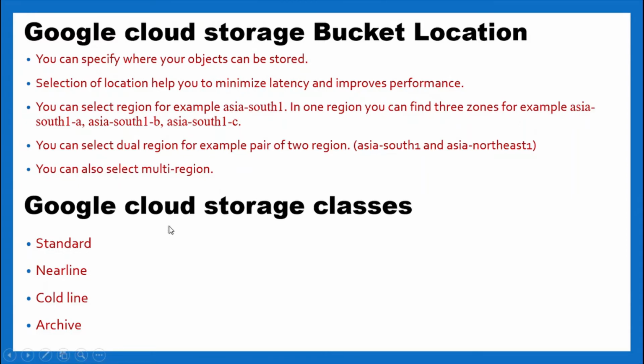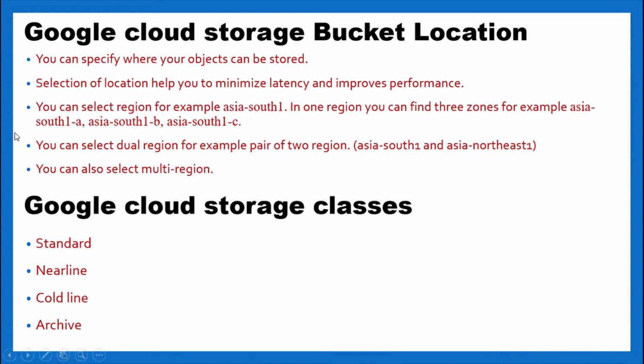Next is, what is Google Cloud Storage class? So Google Cloud Storage classes will help you to save the storage cost mainly. There are four storage classes in Google Cloud Storage: standard, nearline, coldline, and archive.